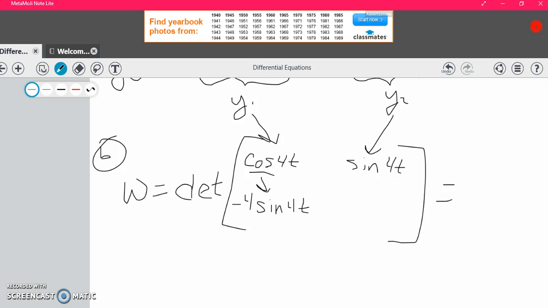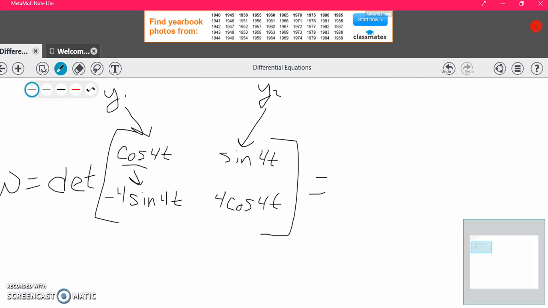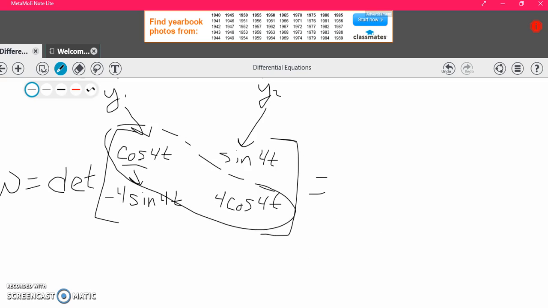And then sine 4t goes to 4 cosine 4t. To get the answer for this, we multiply this by this.